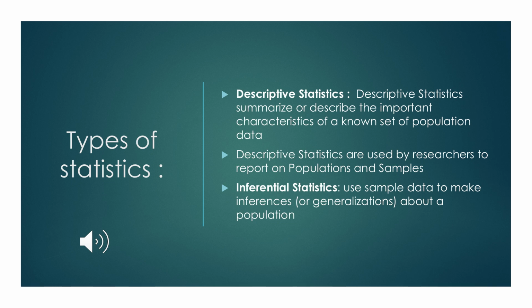The two major types of statistics are descriptive statistics and inferential statistics. Descriptive statistics, as the name indicates, help us to describe or summarize something about a set of population data. Here it is helping a researcher to report something on the population and the samples. For example, there are 100 students in a class.